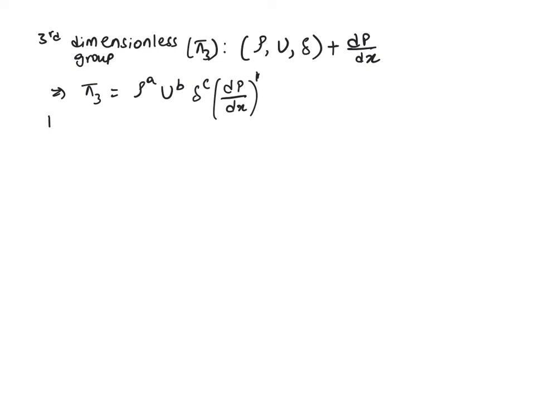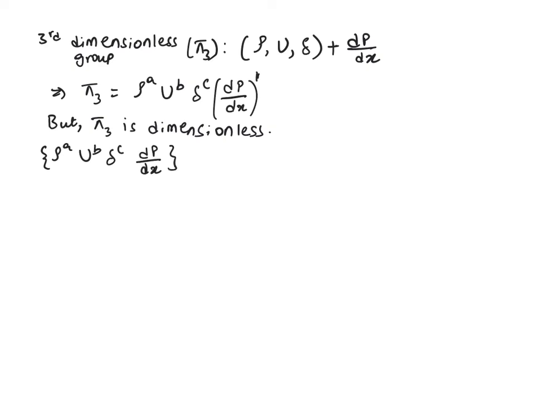But we do know pi 3 is dimensionless. Again rearranging, rho a, u b, delta to the power of c, dp by dx is equals to M raised to 0, L raised to 0, T raised to 0.